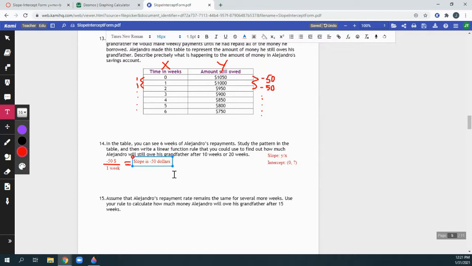Dollars per week. In other words, he's paying $50 a week. Well, that's obvious. Okay. And now we need to find our intercept. Well, intercept is the starting point when x is 0. So intercept is 1,500. Or sorry, not 1,500. 1050.